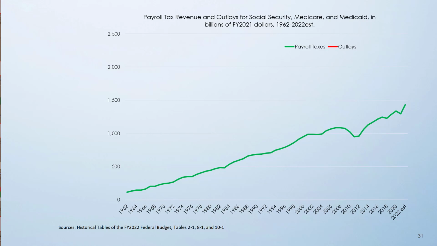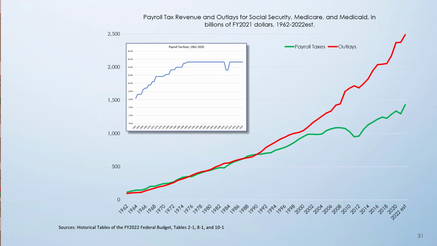The problem is the spending has not been consistent with the taxes that have come in. And we can see from this inset what's been going on here. From 1960 to 1990 or so, those 30 years, the payroll taxes covered all of the expenses, but only because we raised those payroll taxes repeatedly.